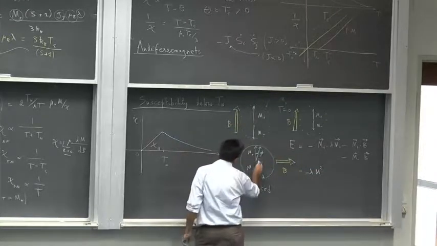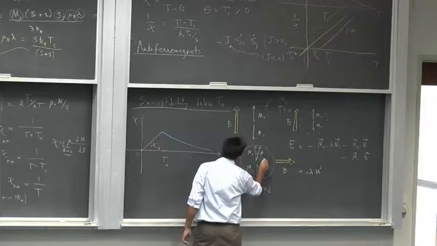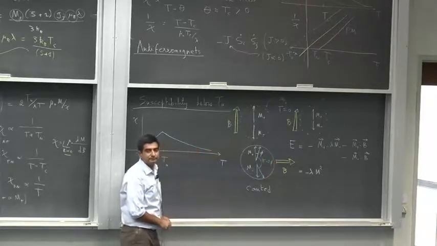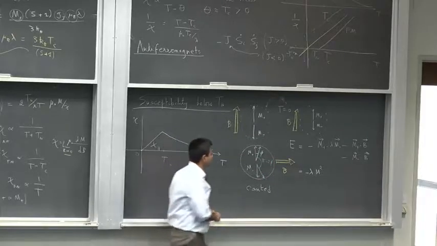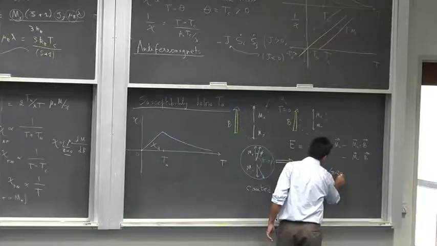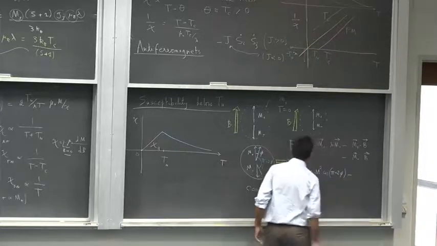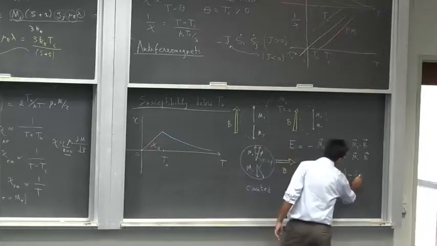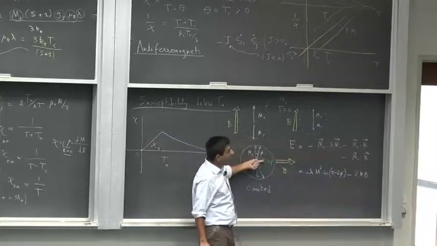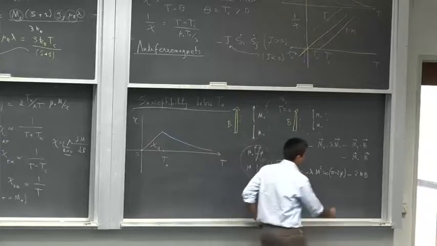This angle is 180 minus 2 phi. So it's cosine of pi minus 2 phi, minus 2 M B cosine of 90 minus phi, which is sine phi.